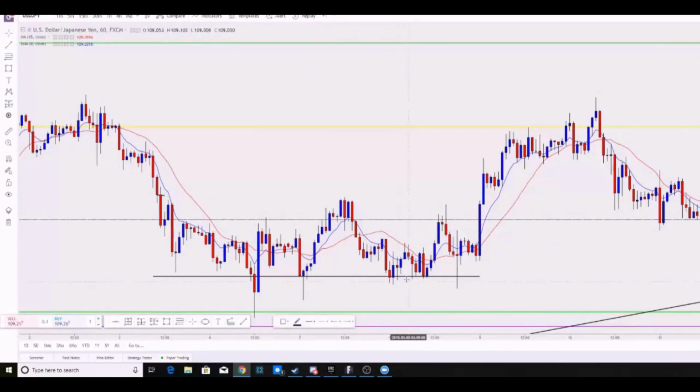But as you can see up here, we have an area of resistance. So you can see the market came up, this candle closed, right? This is why you don't buy immediately. If the market were to come up and close over, another candle could easily come right back down and overlap that area of resistance, and you would have just bought for no reason, and you would be in drawdown now.